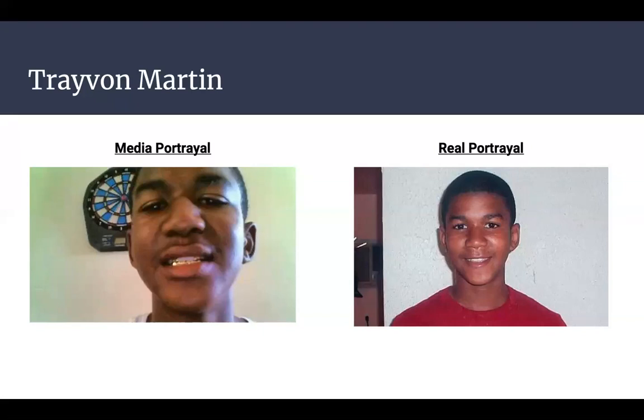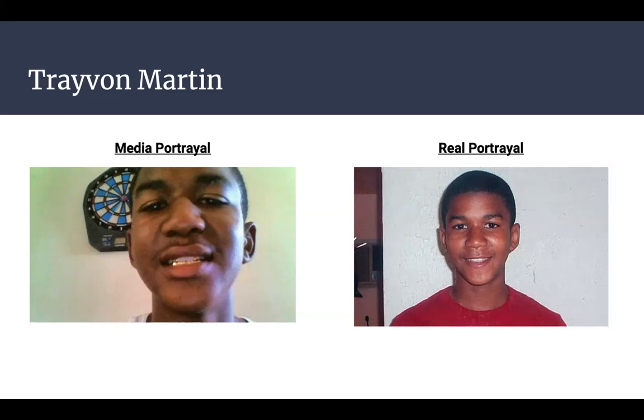In the media during the trial, the pictures that were posted of Trayvon were the ones on the left, for example, the one where he is showing off his gold teeth. They show the hoodie. They brought up a lot of negative information about him, and it was not given in context.